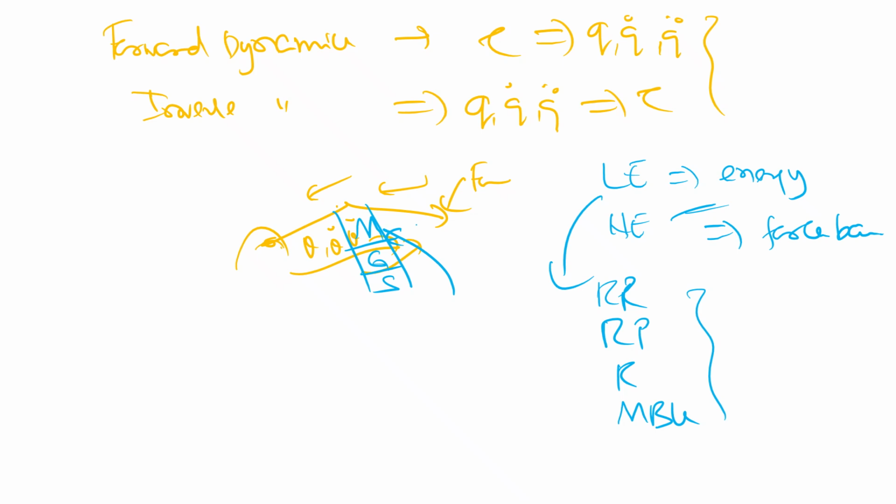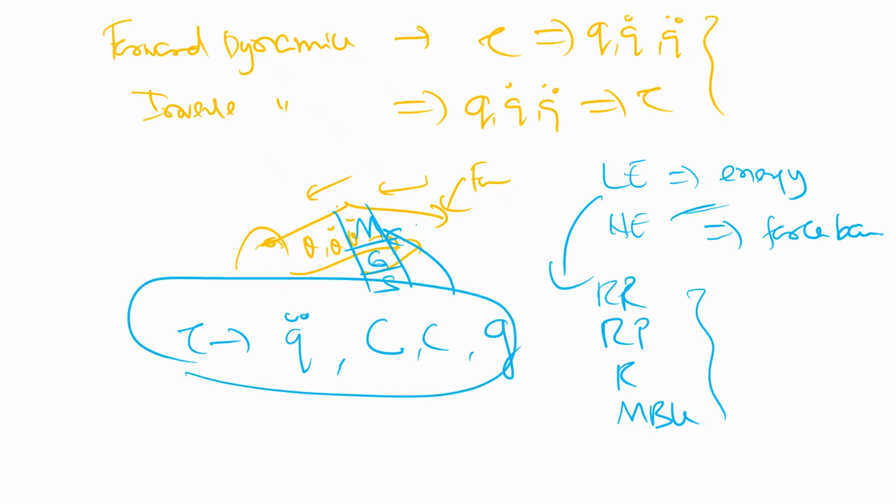For all of these, the torque consists of the q double dot term, the Coriolis and centrifugal effects, and the gravitational force. But one problem is that it does not account for external disturbance or friction.